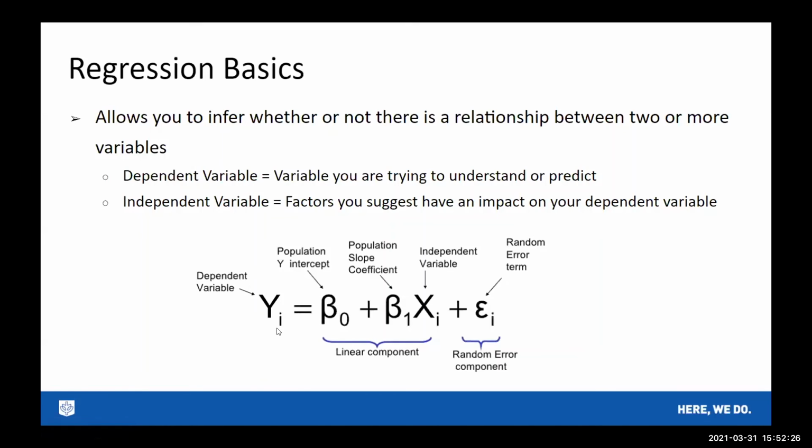Our dependent variable is y. Then we have our slope here, which is beta 1, aka our m, and then our independent variable. We can have any number of these, they would all have their own beta coefficient. And then also our random error term, because we're never going to fit our data 100%, so the error is always going to be there as well.